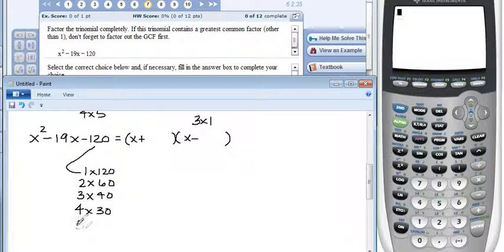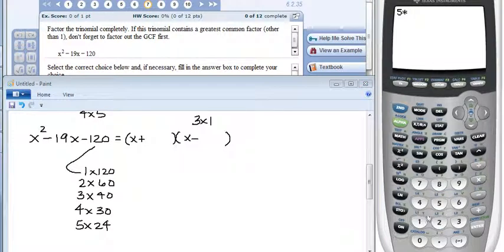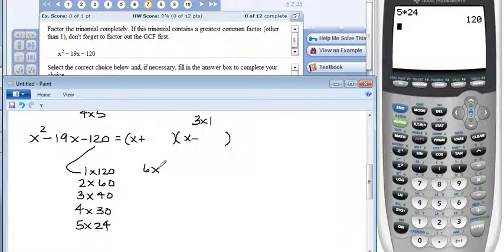I have 5 times 24. Is that right? I better check. 5 times 24. Yep, okay. I have 6 times, what do I have? 6 times 20. 7 does not go in there.